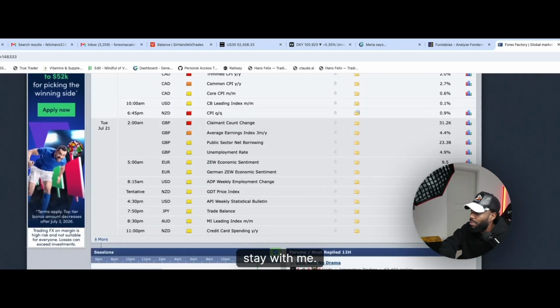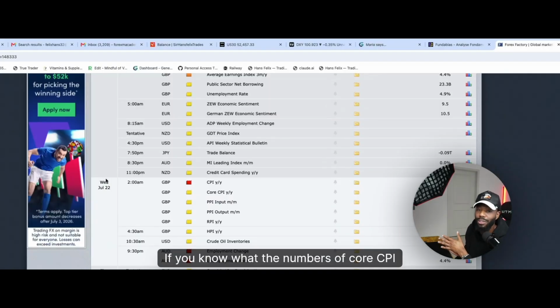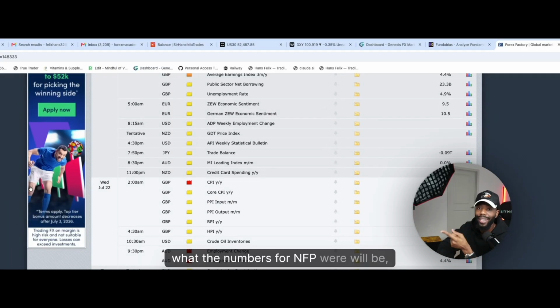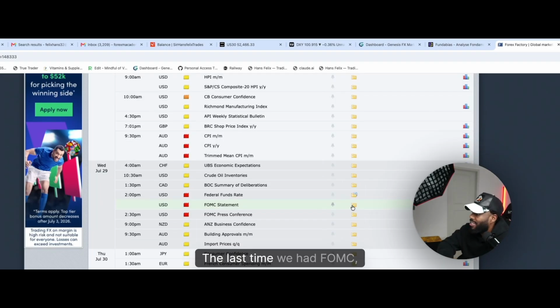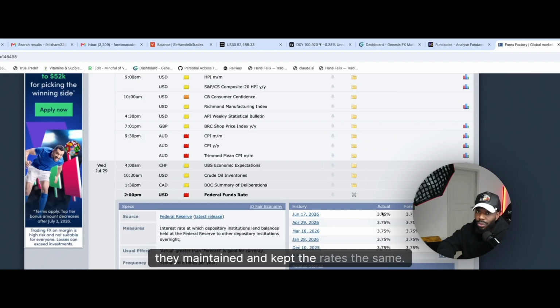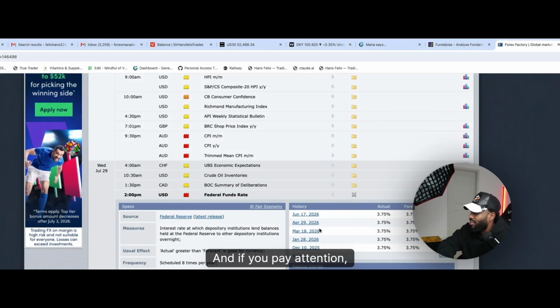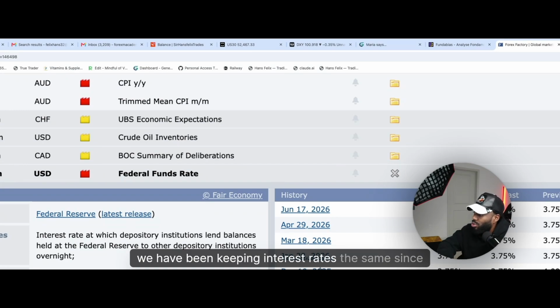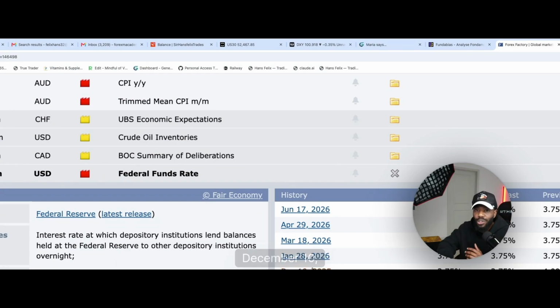Okay. Stay with me. If you know what the numbers of core CPI come out as, then you already know what the numbers for NFP will be. The last time we had FOMC, the Fed maintained and kept the rates the same. And if you pay attention, these past couple of months, we have been keeping interest rates the same since December 10th, 2025.